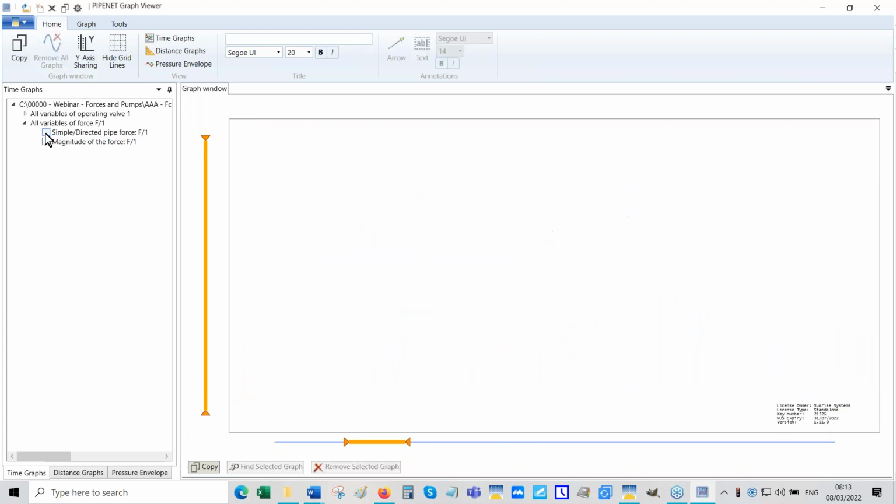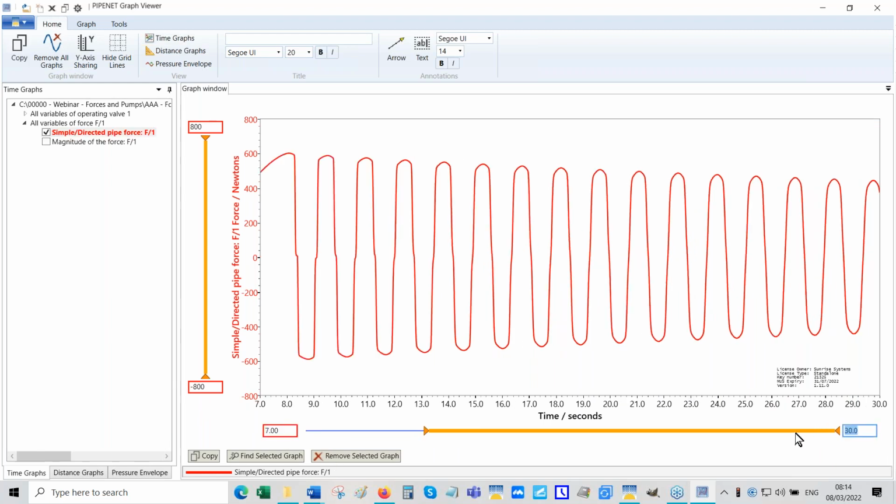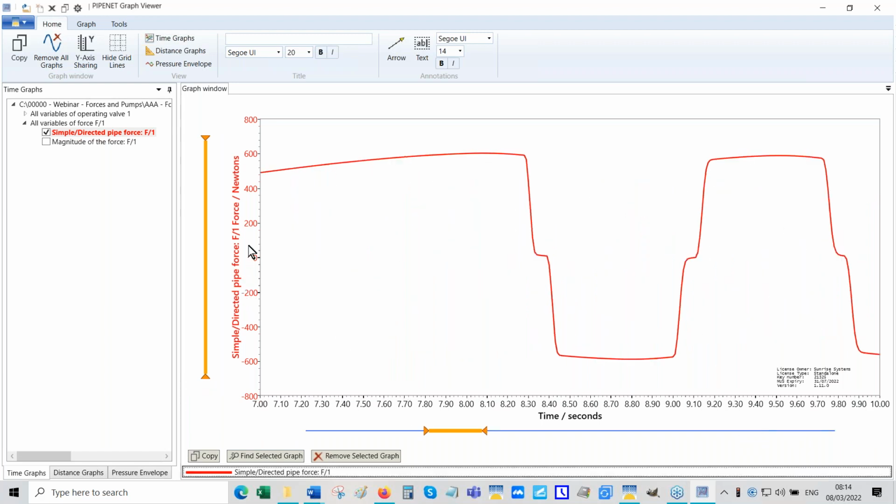I have to do it again. It's between 7 and 10. See, it's negative. You can just about see the negative. 0, and it becomes negative.